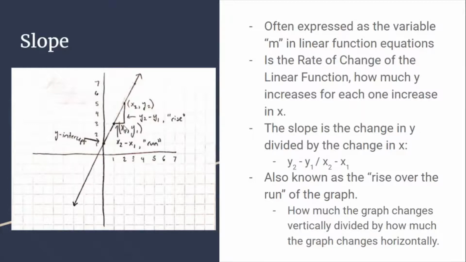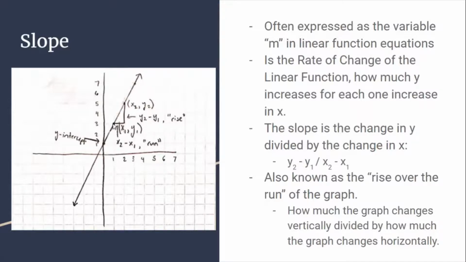As we can see in this example, we have a straight line, which is a linear function graph, and we have one coordinate x1, y1, and another coordinate x2, y2. This vertical line represents the vertical change, or the change in y, which is y2 minus y1.